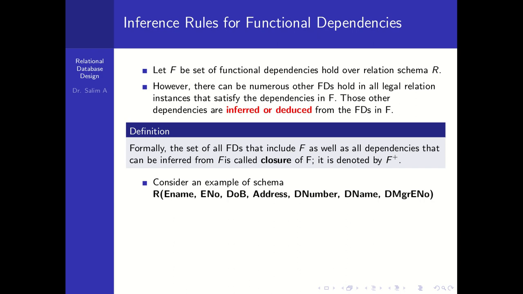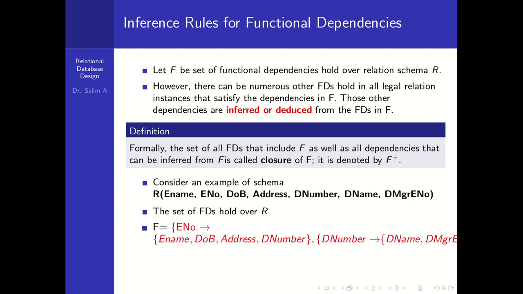Consider this example. Let R be a relational schema: employee name, employee number, date of birth, address, D number, D name, D manager, E number. The set of FDs that hold over R are: E number determines E name, date of birth, and so on, that is, E number determines these four attributes, and D number determines these two attributes.